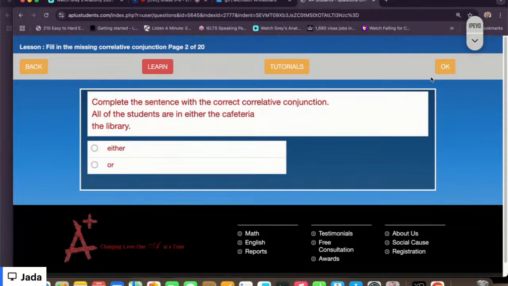So complete the sentence with the correct correlative conjunction. All of the students are in either the cafeteria or the library. So either or, which one?